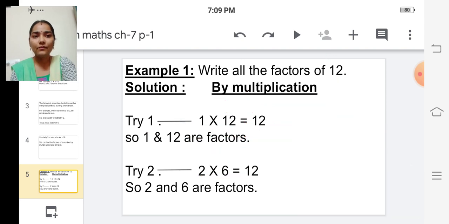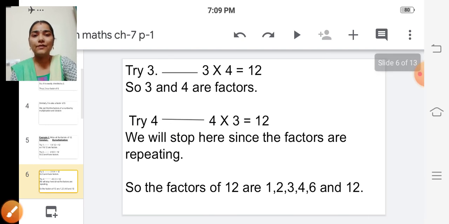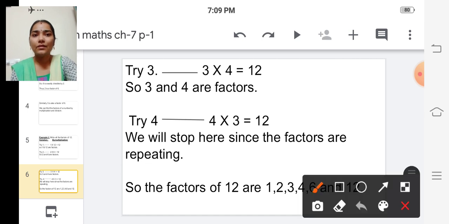So next, if we try the third table, then 3 4s are 12, so 3 and 4 are factors of 12. And if we try the fourth table, then 4 3s are 12.